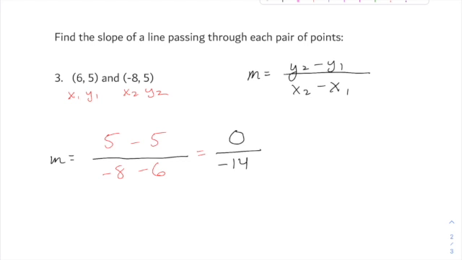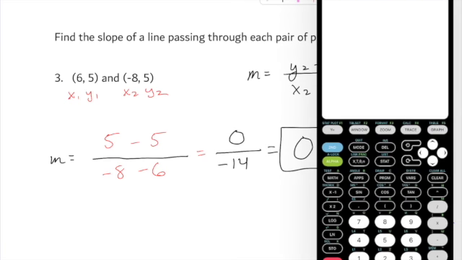Now when you have 0 in a fraction, we never leave 0 in a fraction because it means something's going on. What is 0 divided by -14? 0 divided by anything, as long as it's not 0, is always 0. And there you go. And if you don't believe me, you can always use your calculator to convince yourself 0 divided by -14 is in fact 0.